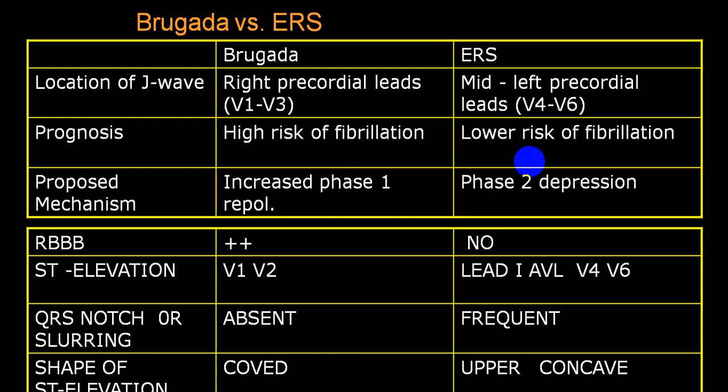You will not see them in the inferior leads, and in the dangerous variety you will come across changes in the right-sided precordial leads plus inferior leads and inferolateral leads. So when you come across that, it is more dangerous. Here the ST elevation is curved up, while here it is concave. So these are some of the differences.